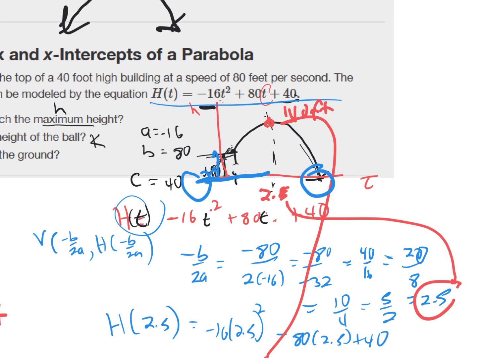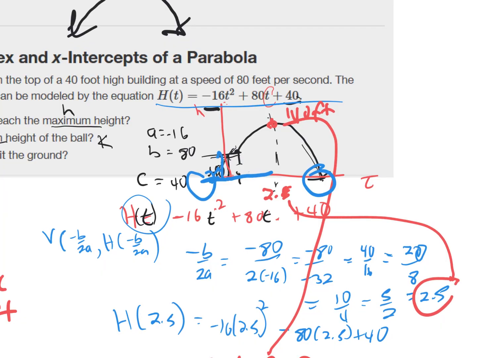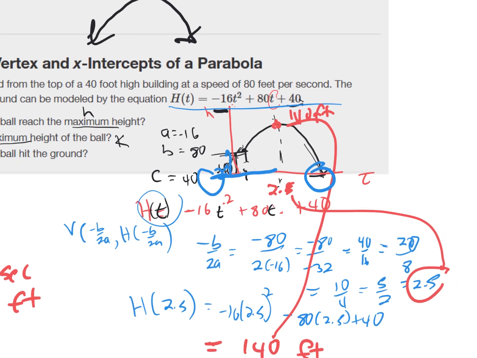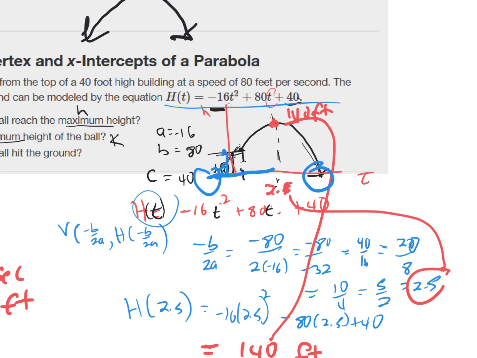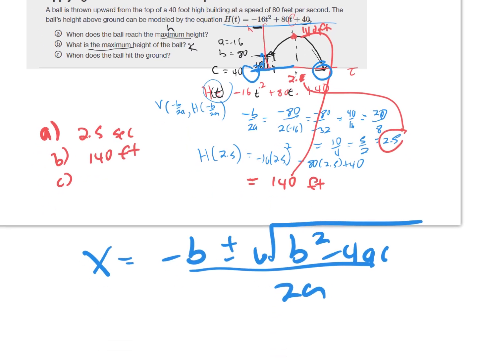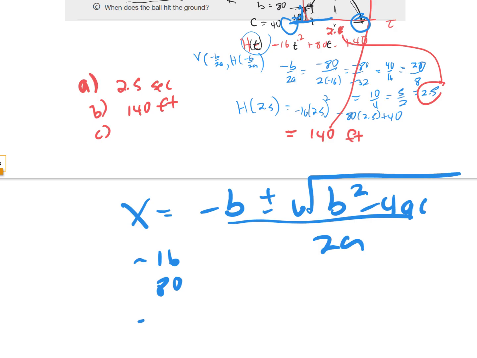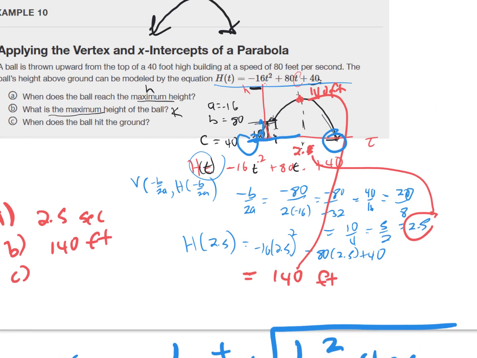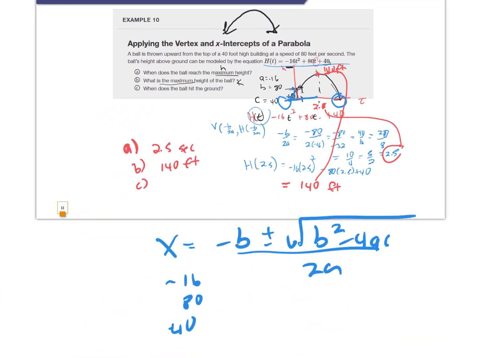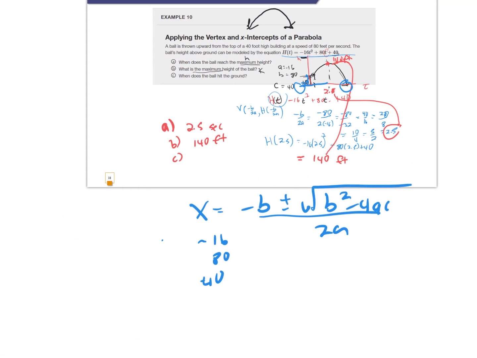A was a negative 16, B was an 80, and C was a 40. Negative 16, 80, was it a positive 40? Yes, it was positive 40. The only thing that was negative was A. So there's my A, there's my B, there's my C.